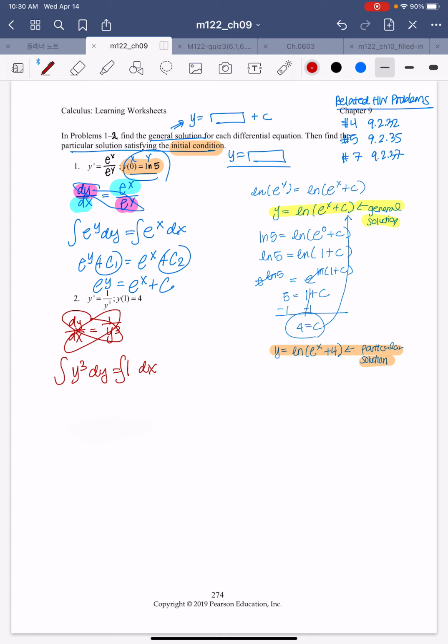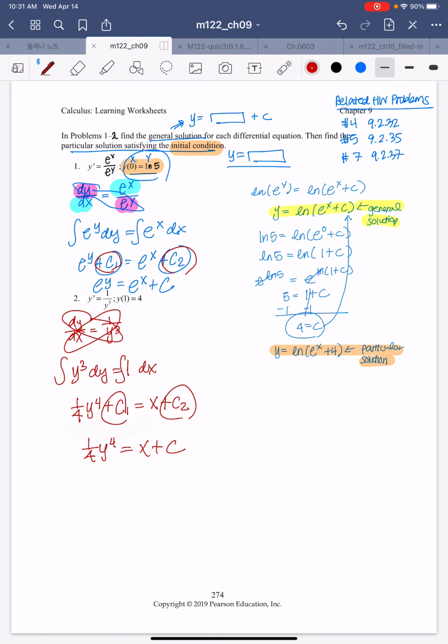So I'm going to have the raised power divided by the new power. So that's going to be 1/4 y to the 4th plus c1. The antiderivative of 1 is just x plus c2. Same strategy, I'm going to combine this into one big constant, so x plus c.